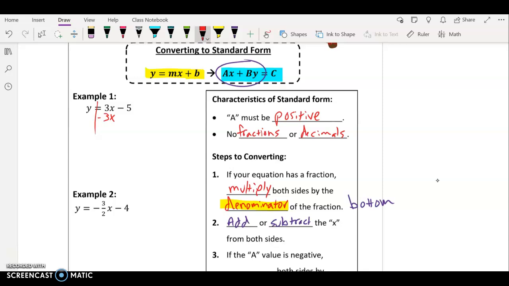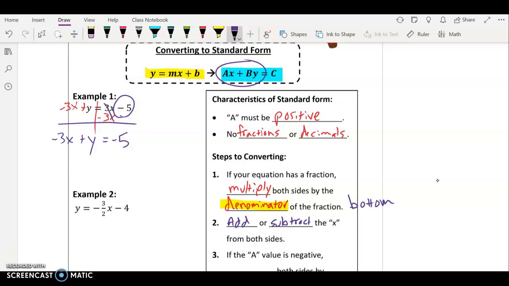And rather than putting it underneath the y, on the left side, we know we can't subtract an x from a y, so we're just going to write it in front, subtracting 3x. The y is positive still, so it'll have a plus in front of it. So let's see what we have. 3x minus 3x is 0. So now we have negative 3x plus y equals, and all that's left on the right side is a negative 5. And let's see if we are done.